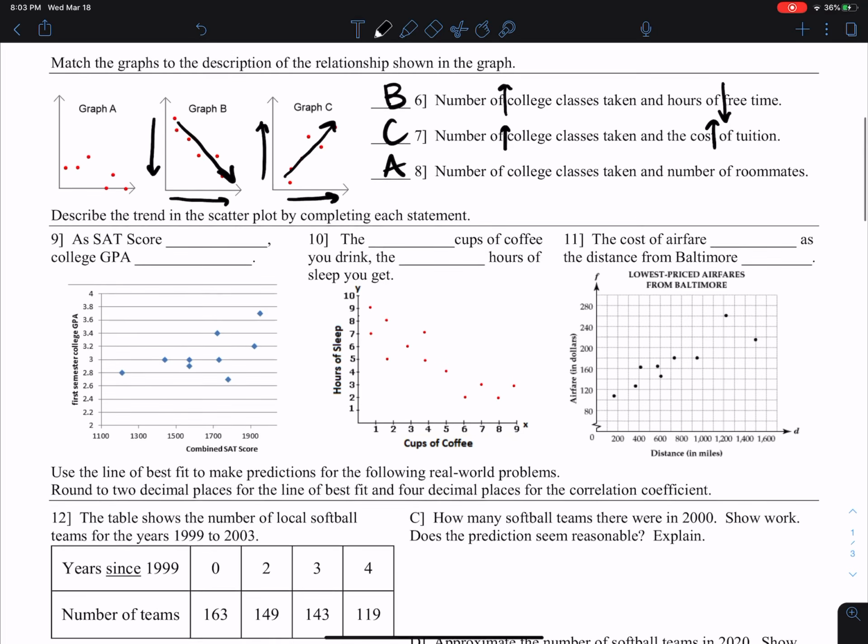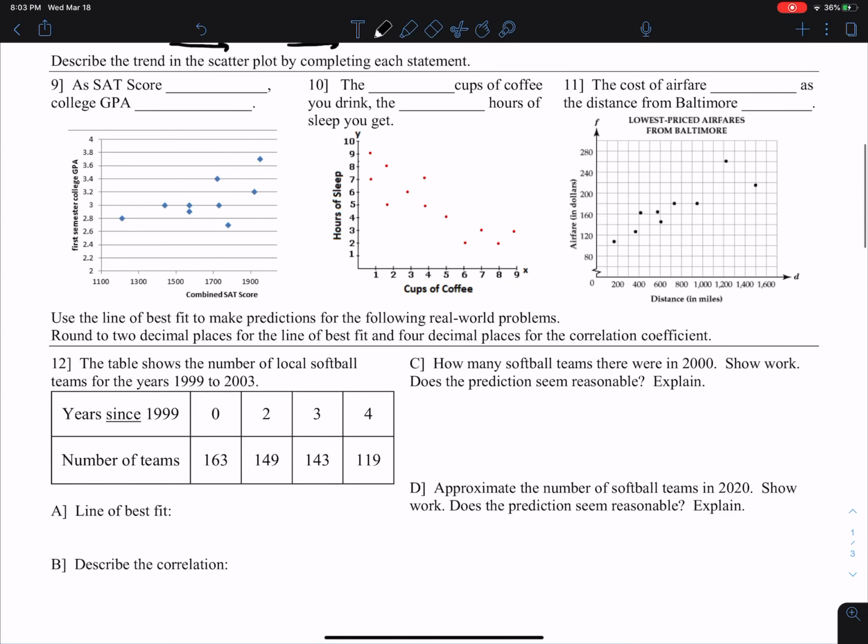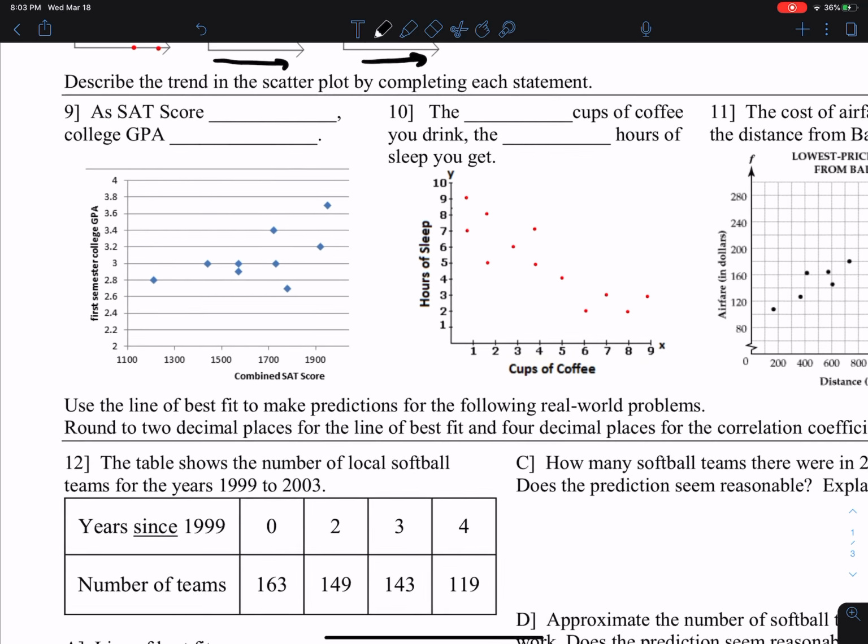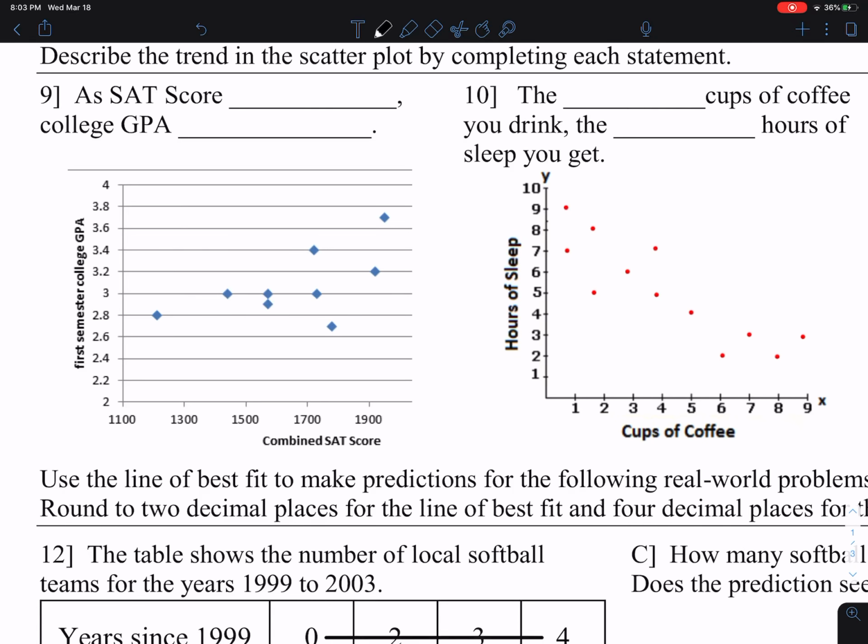So that's that section. The next one says describe the trend in the scatter plot by completing each statement. So if we look at number 9, this says as SAT score blank, college GPA blank. If you notice, you have this dot here, this one, this one, this one, and a few down here.